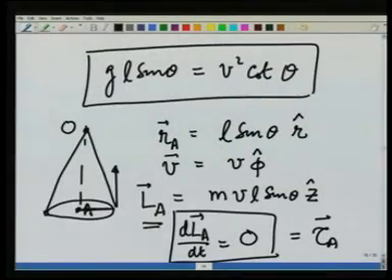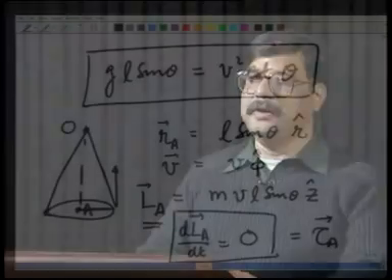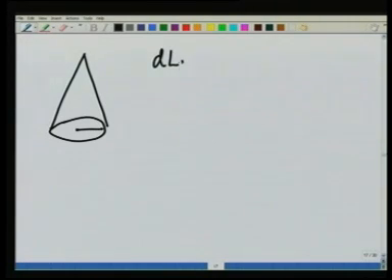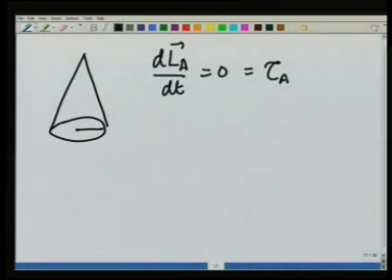If that is the case, torque about point A must also be 0, and let us figure that out now. So what we have learnt is, if I take L about point A, I get dL_A/dt equal to 0, and this also must be equal to torque about point A. This is the tension.